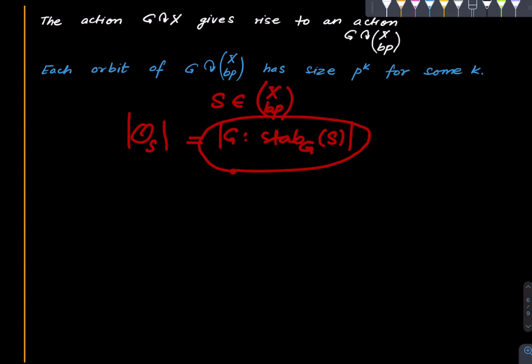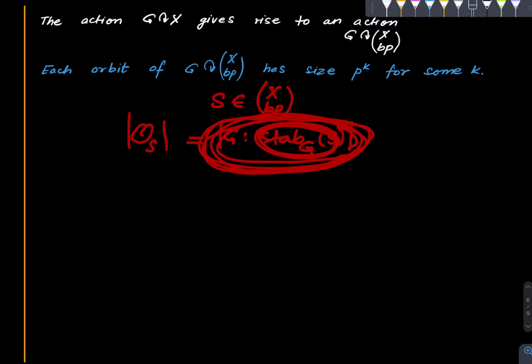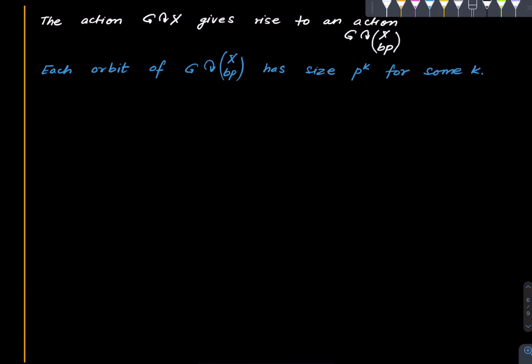And since G is a group whose size is p to the power something, the stabilizer also has size p to the power something by Lagrange's theorem, because it is a subgroup of G and hence divides the cardinality of G. Since the cardinality of G is a prime power, so is the index of any subgroup of G. So any orbit has size p to the k for some k, and this has nothing to do with what lies here. It is all about the group G.